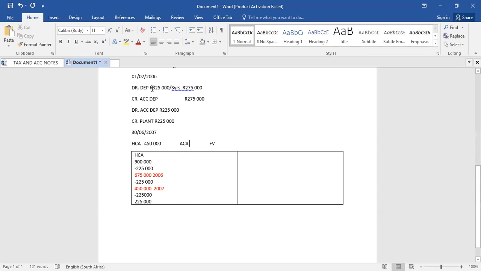Last year we calculated depreciation, not last year, but this year. We calculated depreciation and found 275,000. So our actual carrying amount is 825 minus 275. Our actual carrying amount is 550. Then our fair value we are given is 400,000. Are there any questions before I continue?